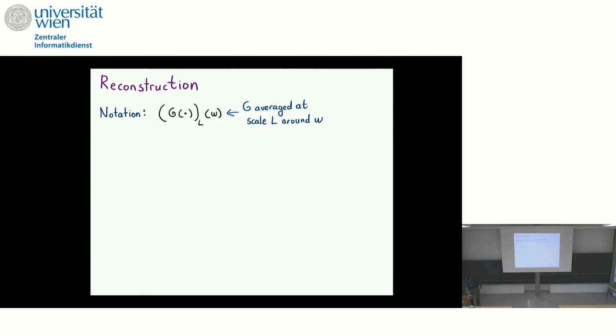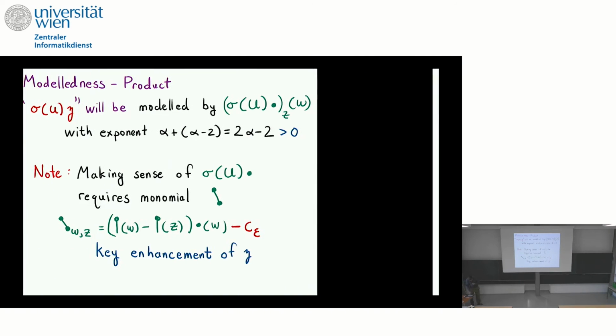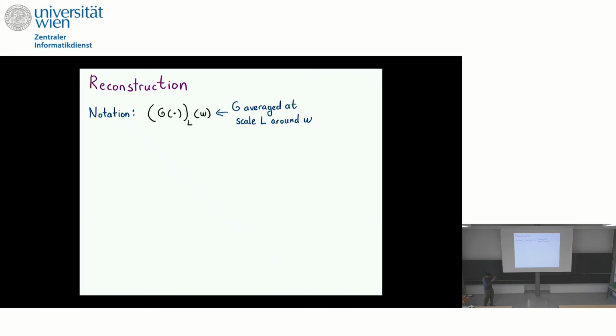Okay, good. So the idea is I have a notion of a jet for the product that I was having difficulty defining. Now reconstruction is what allows you to actually build this product using the modeled description. For notation, I'm going to introduce this parentheses L to just mean convolution with a scale L bump function centered about some point.